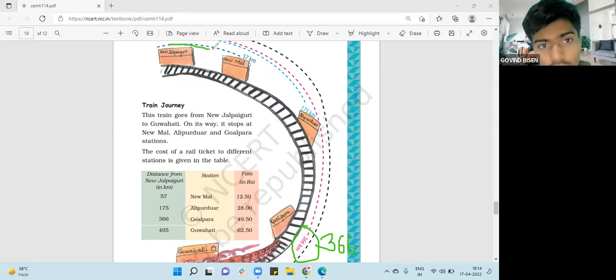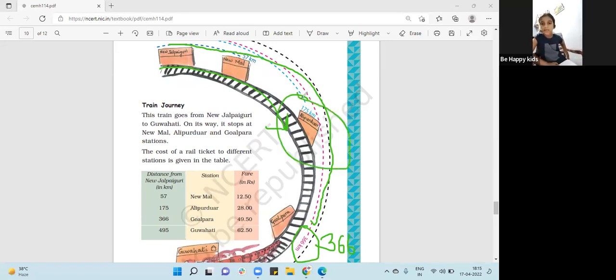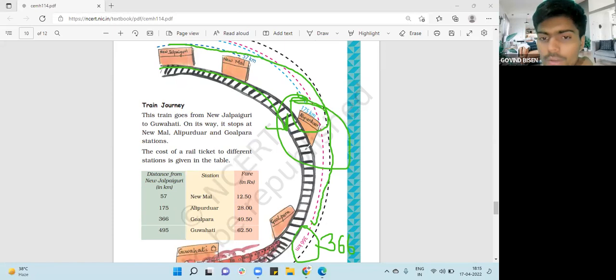So it is all the way from New Jalpaiguri to Golpara. And the distance between New Jalpaiguri to Alipurdwar, Alipurdwar is here. So what is the distance? The distance is 175 kilometers. Okay.